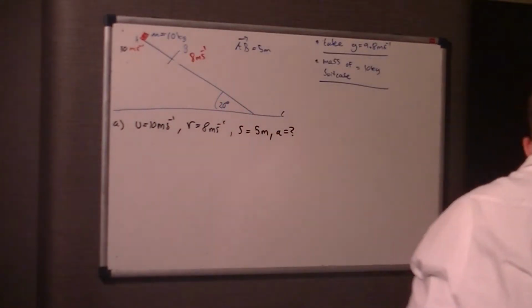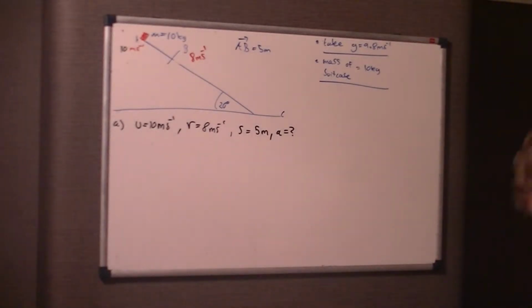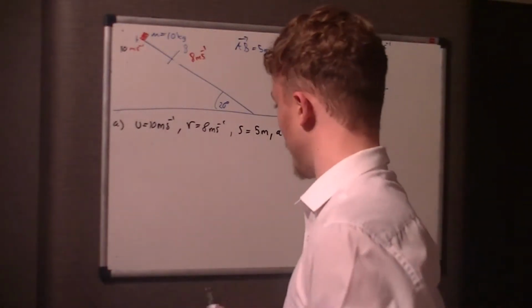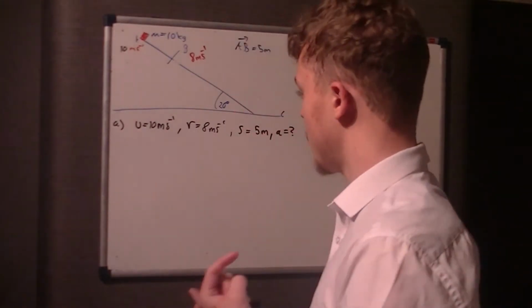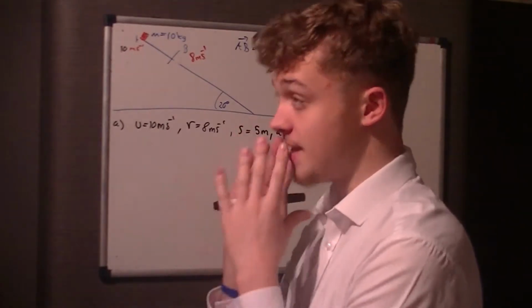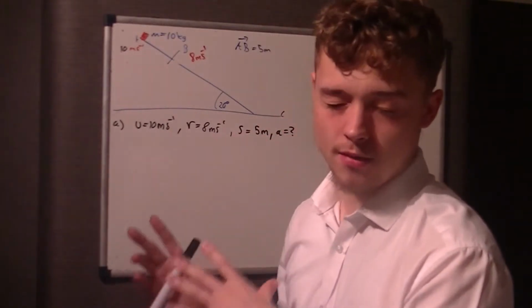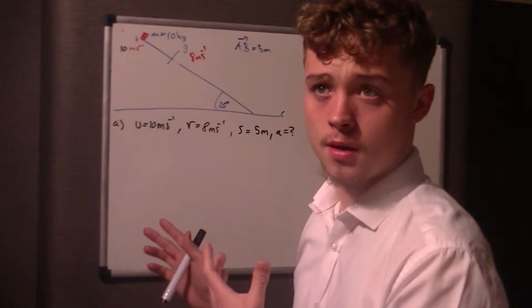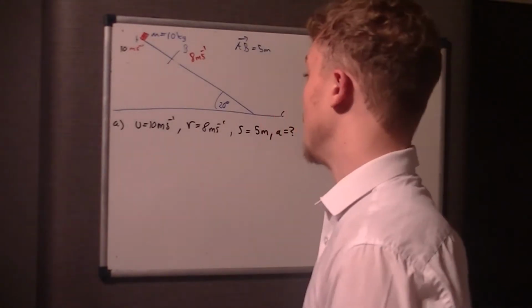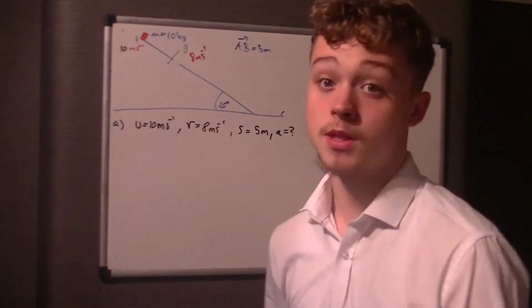Now, we could do this a number of ways, because as with maths, there are always a number of ways of getting to an answer. There's one slightly longer way. We've got u and v, so v equals u plus at, and therefore we need t.